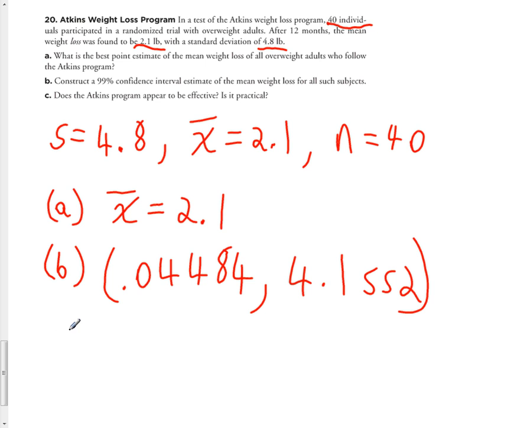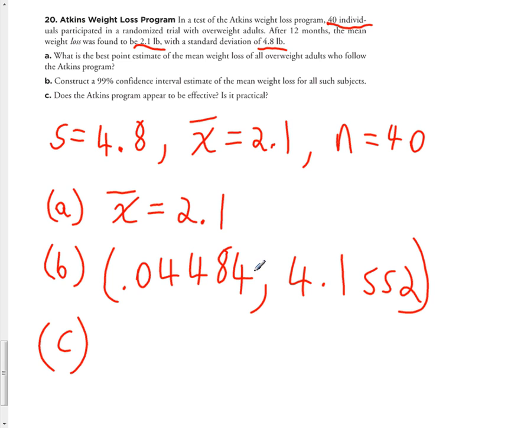And then part C is the interpretation. Does the Atkins program appear to be effective? And is it practical? Well, it does appear to be effective, and let me explain. This confidence interval that we've created does not contain 0.